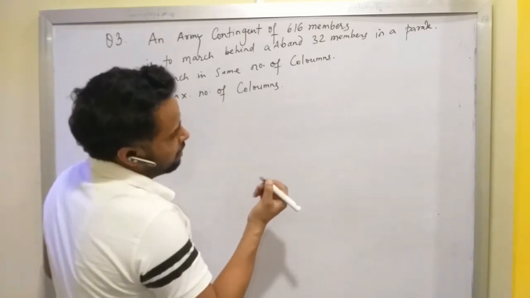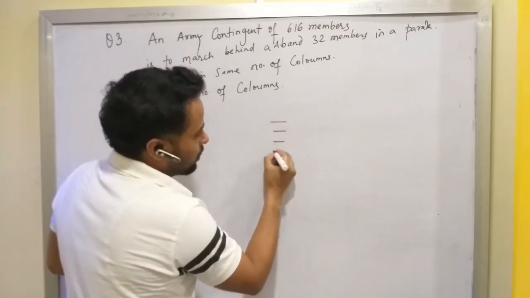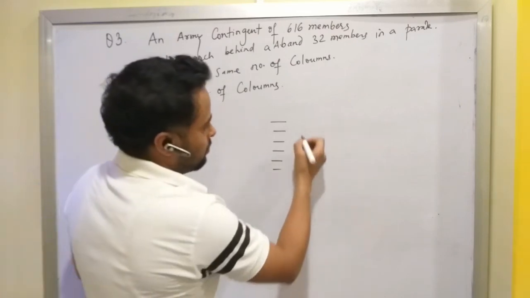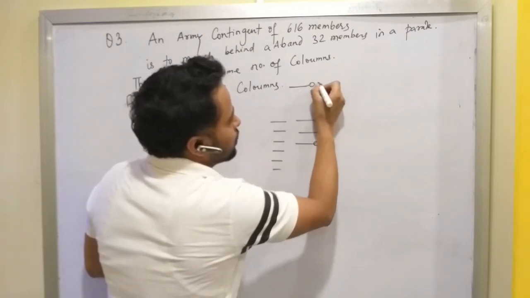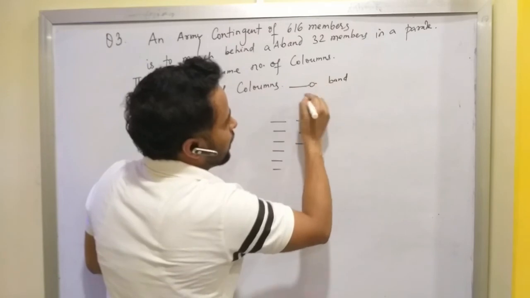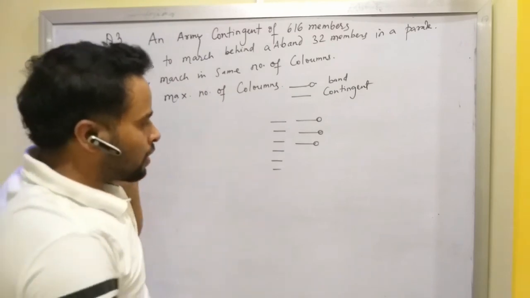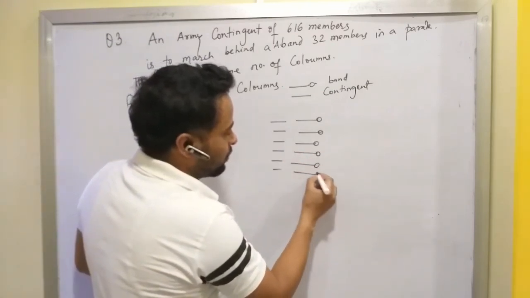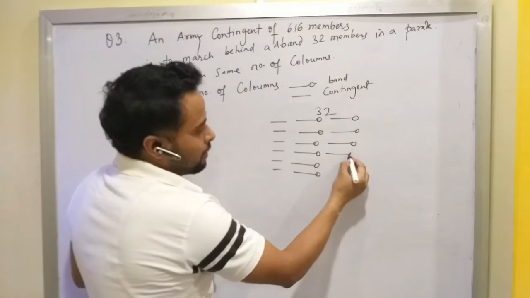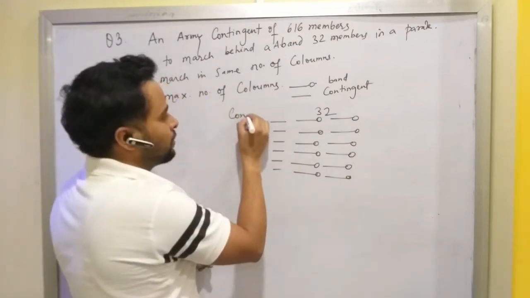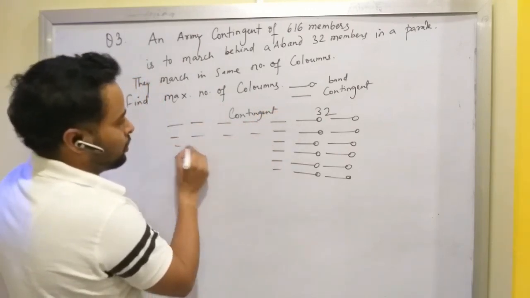Now this line denotes the contingent, and these round ones are the band. The army bands will be in front, 32 in number, followed by the contingent.